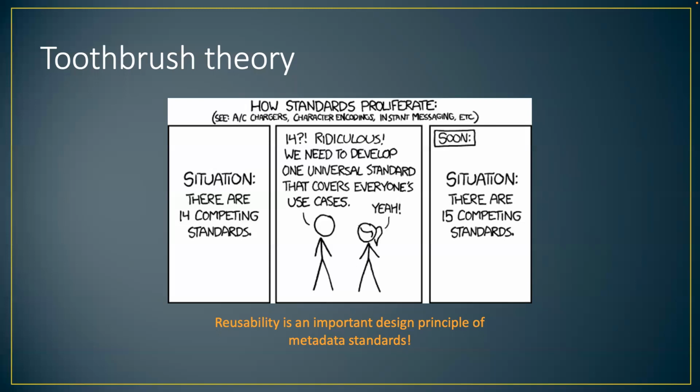So when we design something new, we should only try to design for very specific needs that no other standard is able to cover. But for those common functions or common areas or elements, we should try to reuse others.